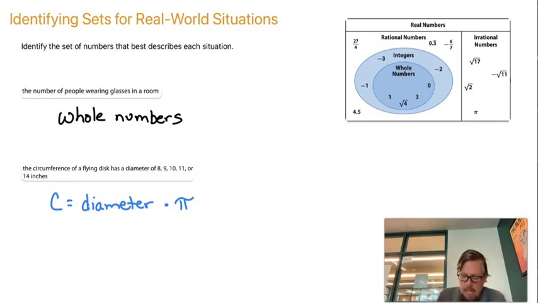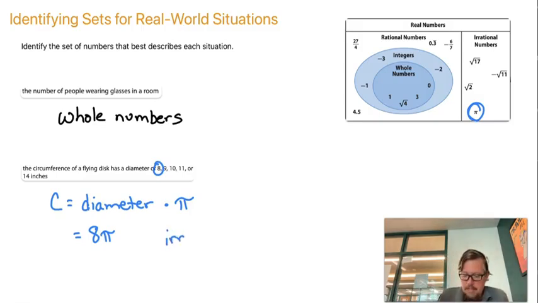Let's say, for example, I use the diameter of 8. My circumference is going to be 8 pi, 8 times pi. And if I multiply 8 by pi, I am multiplying 8 by an irrational number. Some might say the king of irrational numbers is pi. If you multiply by an irrational number, your answer is going to be irrational.